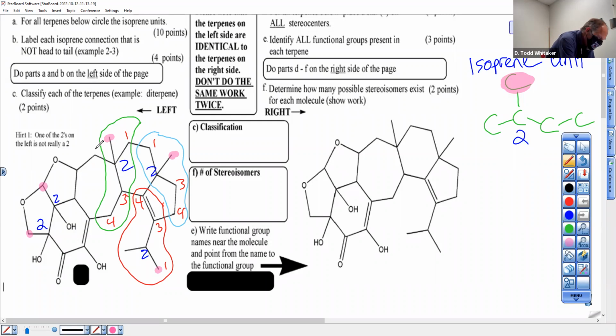Let's try 4, 3. Well, 4, 3, 2, 1. That doesn't work. 1, 2. Switch the order of those though. 1, 2, 3, 4. No, the 2 is not a 2.